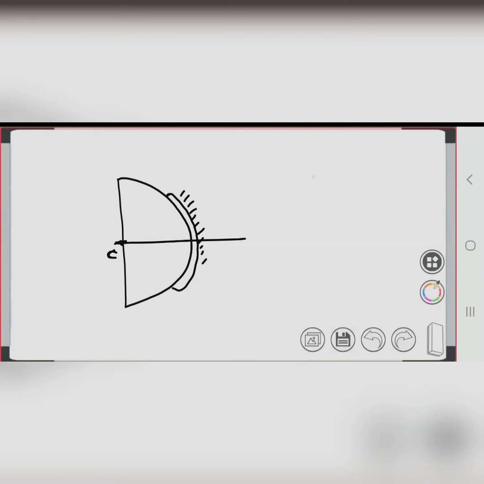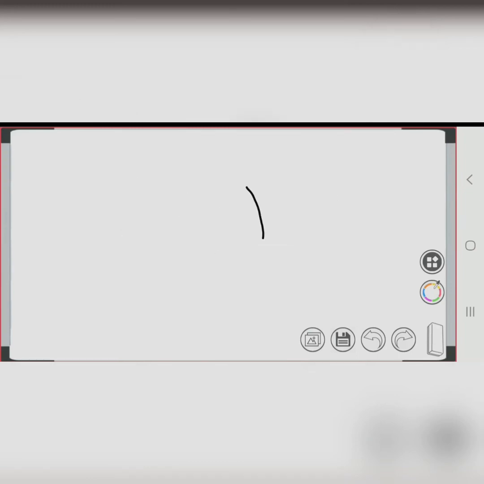If you are using a compass, if this is your compass which you are using, somewhere here you are going to keep your needle and somewhere here you are drawing the arc. ठीक है, तो आपने जहां पे अपनी कंपास का नीडल रखा, आपने ये आर्क ड्रॉ करी, जहां पे आपने कंपास का नीडल रखा, take the midpoint of the arc, join the midpoint to the point where you kept your compass. This would be your center of curvature. This would be your pole.